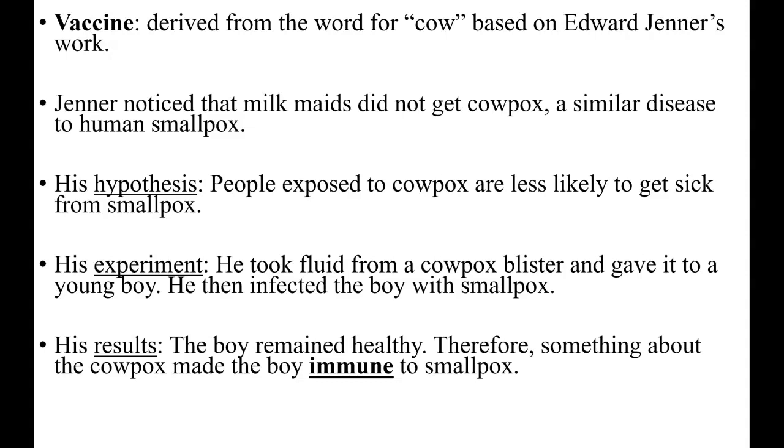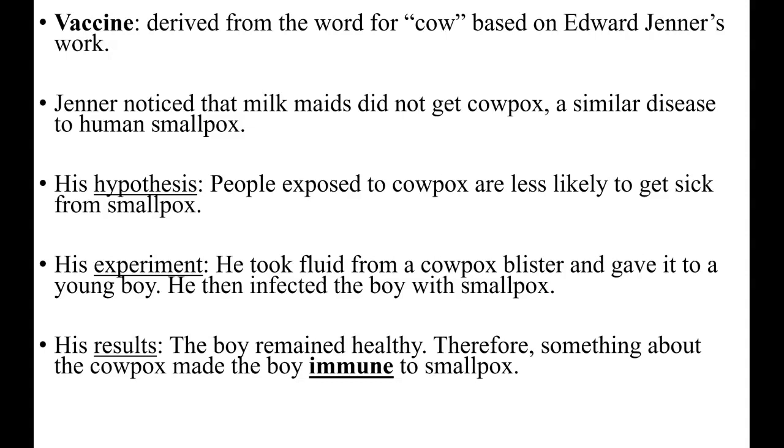And so he noticed that the milkmaids that were milking the cows would get cowpox. However, they were less likely to get smallpox. So he said, well, perhaps that people that are exposed to cowpox, they're actually less likely to get smallpox. So what is it about the cowpox that's allowing people to evade getting sick by smallpox?